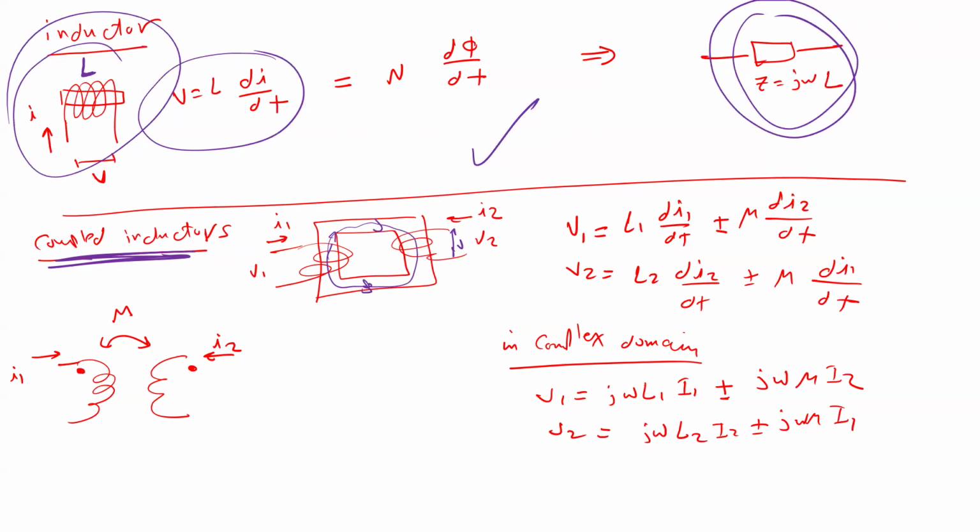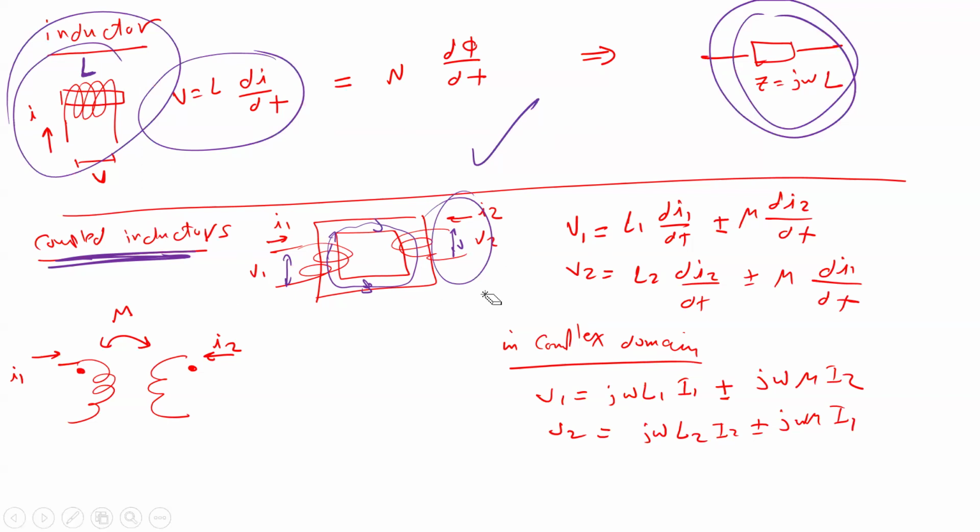That's why I'm saying these two circuits are connected together, or coupled. They are coupled together, but not connected using an electrical line. It's connected using a magnetic field. That means anything that happens on this side will be reflected on the other side, because they are connected using a magnetic field.